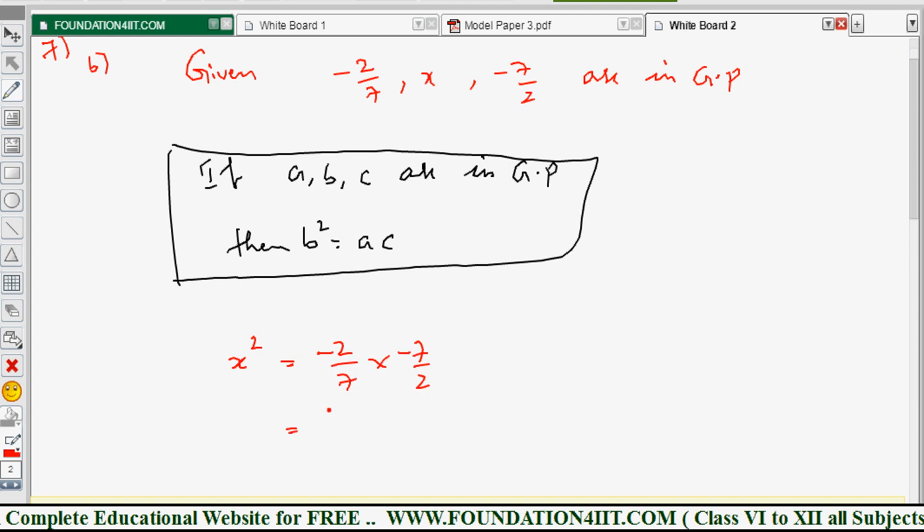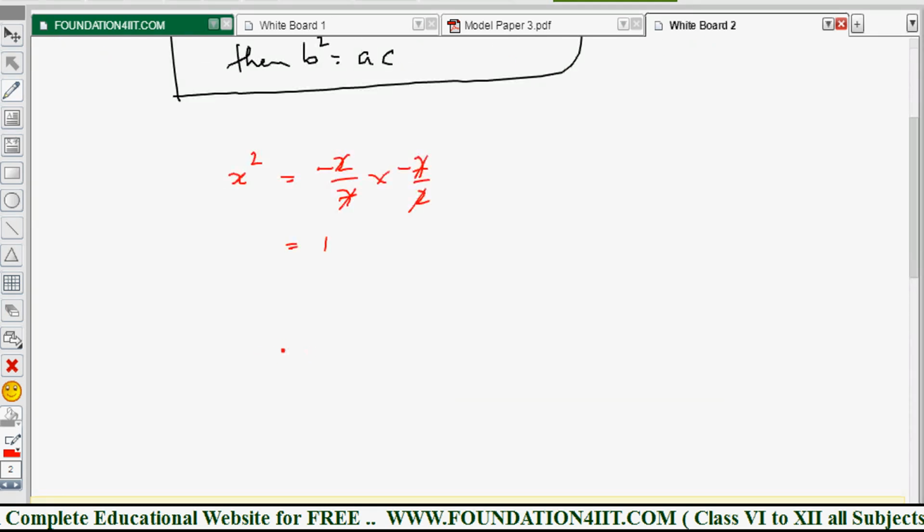Right? And 2 by 7, 7 by 2, so 2 and 7 cancel. Minus 1 into minus 1 is plus 1. So from this, x square is equals to 1. Then x is equals to plus or minus 1. So plus 1 or minus 1, that's the value of x. Two values. So simple problem it is.